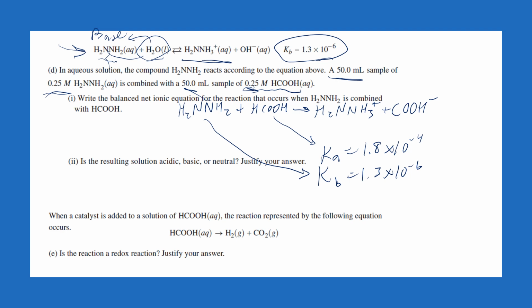And when you have the stronger the acid, the weaker its conjugate base. So this one is weaker. And the weaker the base, the stronger the conjugate acid. So because its conjugate acid is stronger, it's going to be acidic overall.